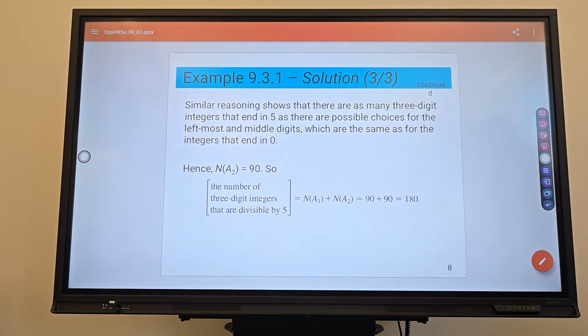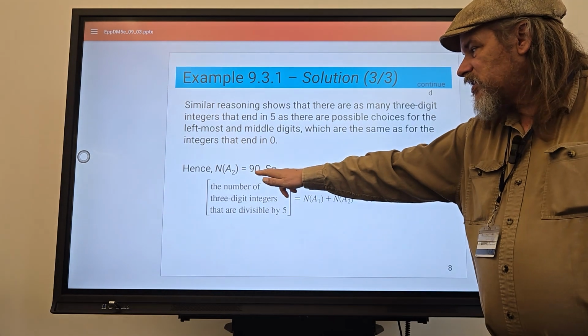Similar reasoning shows that there are as many 3-digit integers that end in 5 as there are possible choices for the leftmost and middle digits, which ends up being 90 as well.